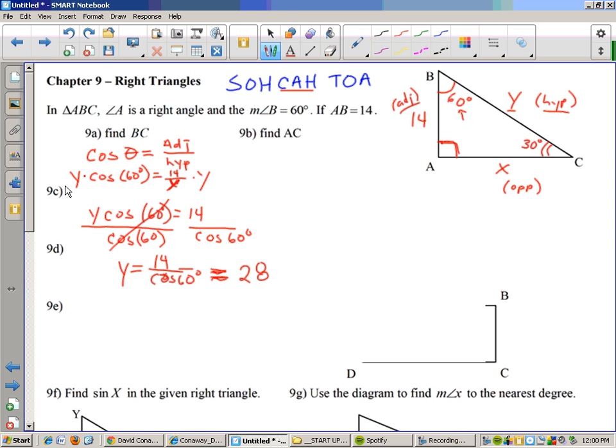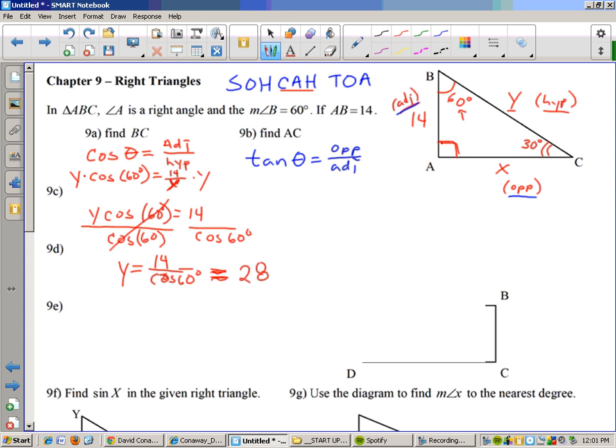So if I'm looking for x, then I'm going to use opposite and adjacent, which is going to be tangent. So tangent theta equals opposite over adjacent here. Now, if you have the 30, 60, 90 rules memorized, you can use those, and that'll make it a lot quicker.